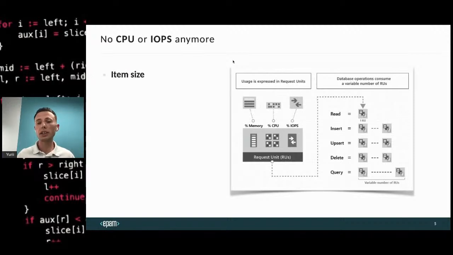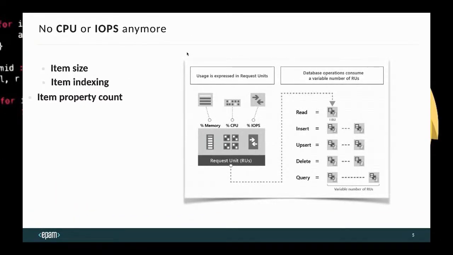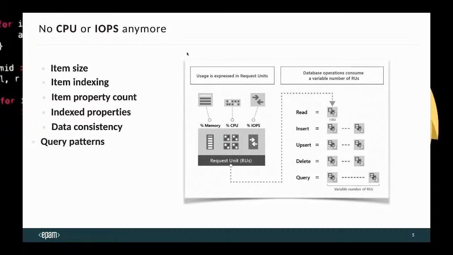Item size affects every operation. Also, item indexing affects the operation, as do item property count, indexed properties, data consistency, and query patterns. All of this affects the number of request units you are going to use. Take care of this because it's very important when you use Cosmos.